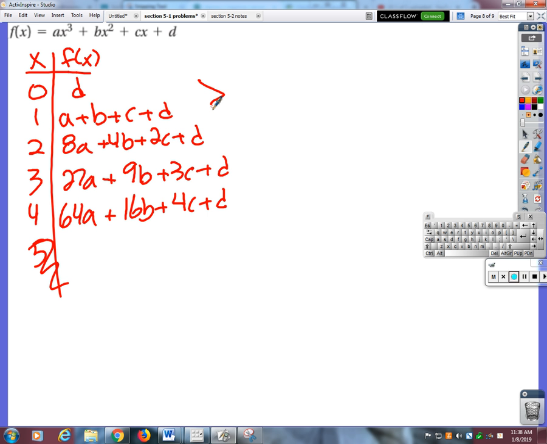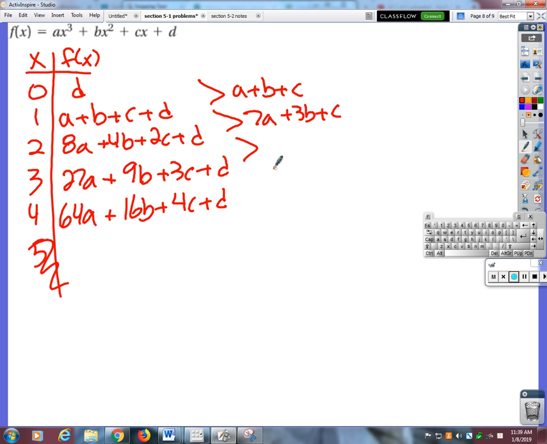What is a plus b plus c plus d minus d? Good, a plus b plus c. What is 8a plus 4b plus 2c plus d minus a plus b plus c plus d? 7a. Awesome, okay. How about if you subtract these, what do you get?